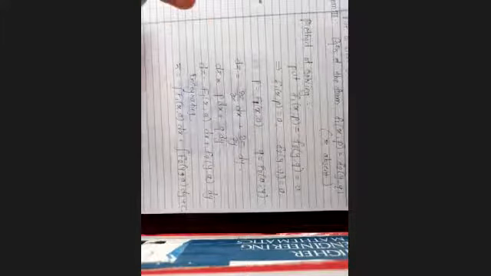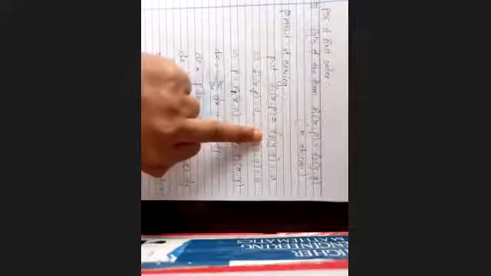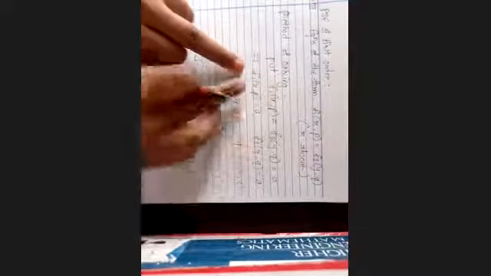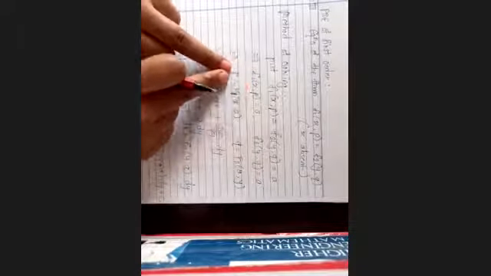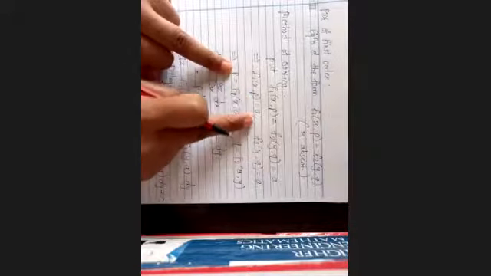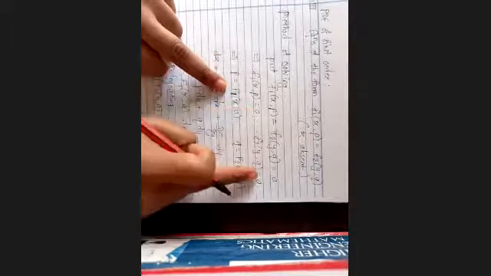What to do? Take xp on one side of the equation, yq on the other side of the equation, and call it a. So both are equal to a. First, both of these are a. From this, try to find out p in terms of x and a. Find q in terms of y and a.